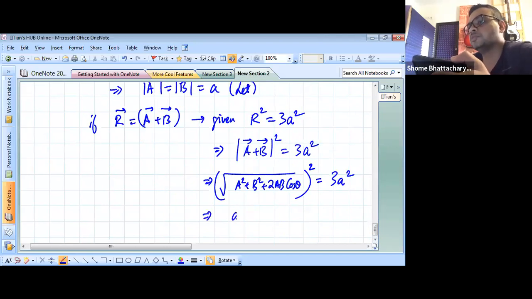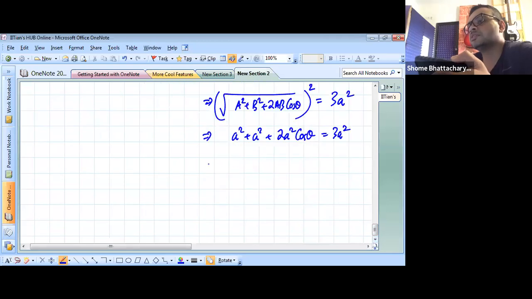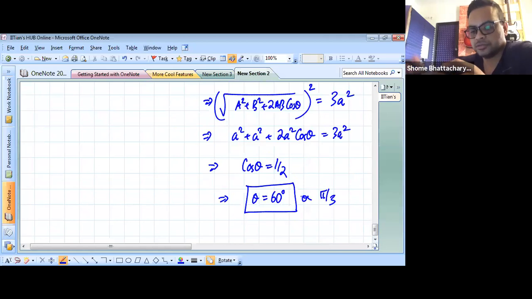So this becomes a square plus a square plus 2a square cos theta is equal to 3a square. Solving this, you will get cos theta as half, which means that theta is equal to 60 degrees or pi by 3. That is the angle between the two vectors.